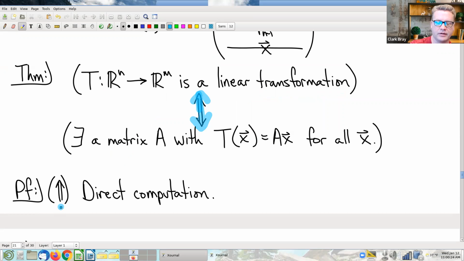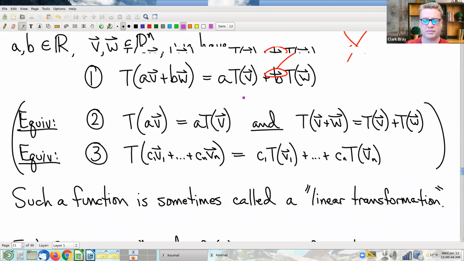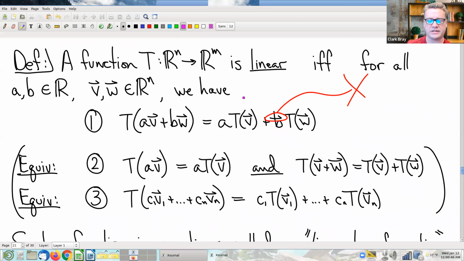The up direction of this is actually pretty straightforward. Up means that I get to assume that I have a matrix, and I'm defining T like that. Then I just have to prove that T, for which I have an explicit formula, is linear. So all I have to do is plug and chug into these properties, see whether it satisfies this property, and just multiply it out.